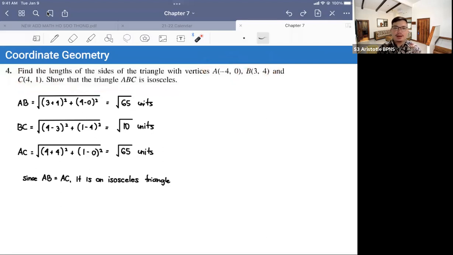So what I did here, I found the length of each side, AB, BC, and CA or AC. Upon solving them, I noticed that AB and AC are equal. So therefore, if you have two sides that are equal, that means that this is an isosceles triangle. So that's how you do it. So that's number 4.